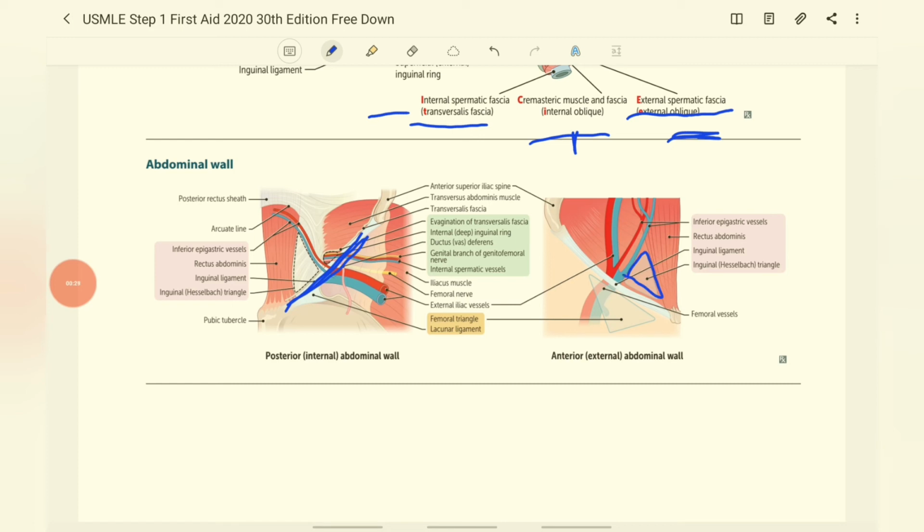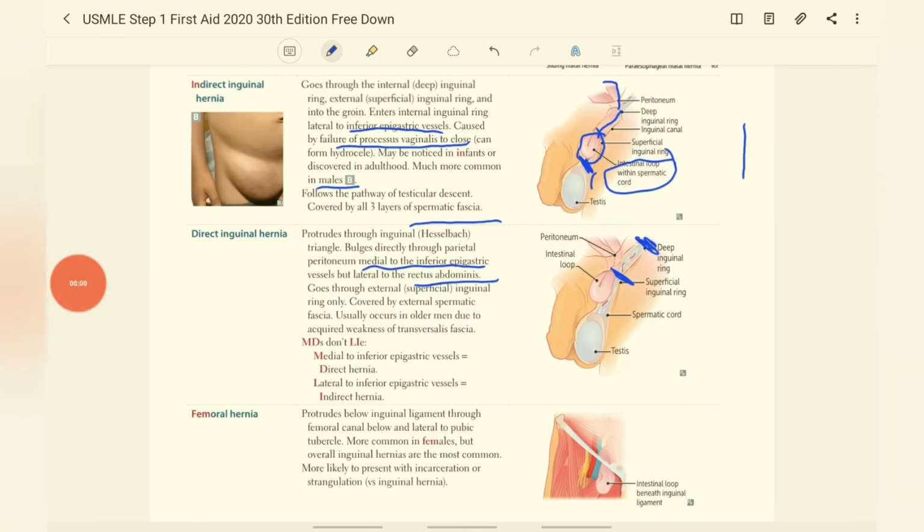So this hernia is lateral to the rectus abdominis muscle over here, and on the lateral side of this hernia we can see the epigastric vessels. In the case of the direct hernia, only one layer is covering the hernia portion, which is the external spermatic fascia, the outer layer.